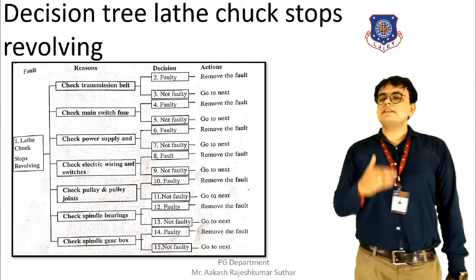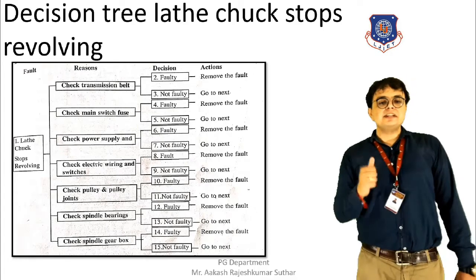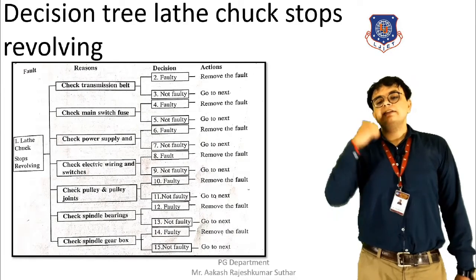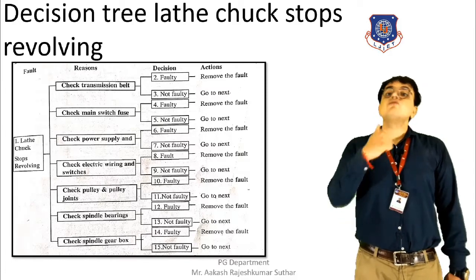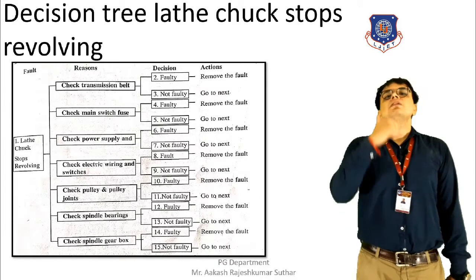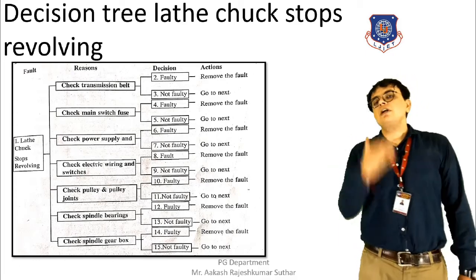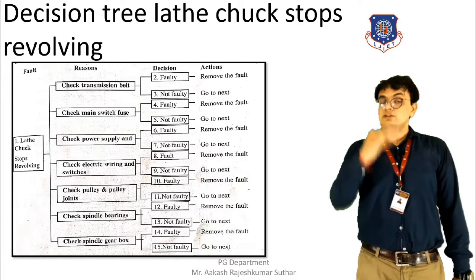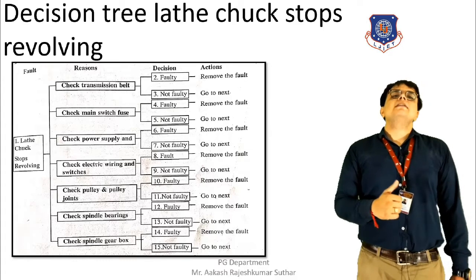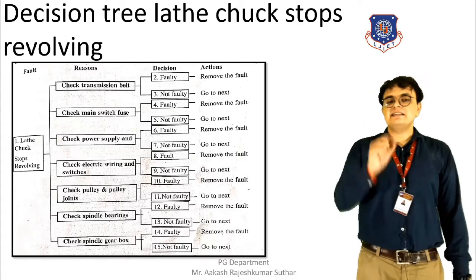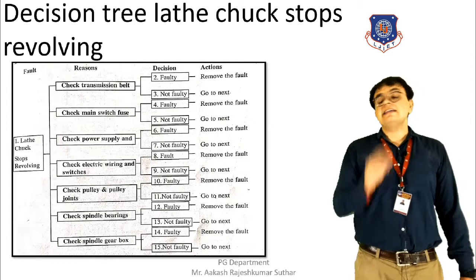Now moving towards the next reason, that is checking of the power supply. If the power supply is found faulty, then we should remove the fault. But if it is not found guilty, it is not causing the fault, then we should move towards the next reason. The next reason is checking of the electric wiring and the switches.